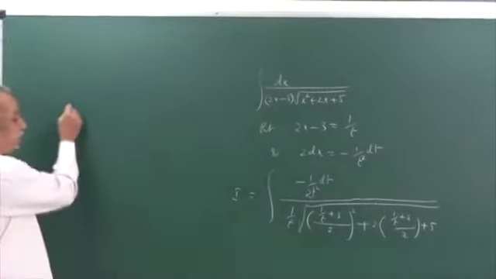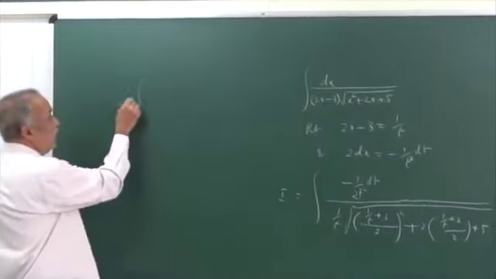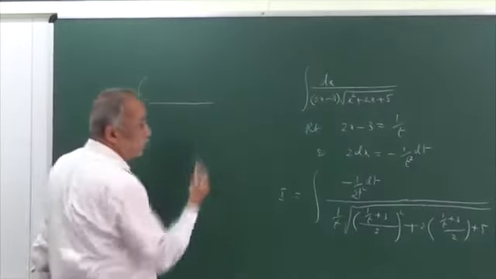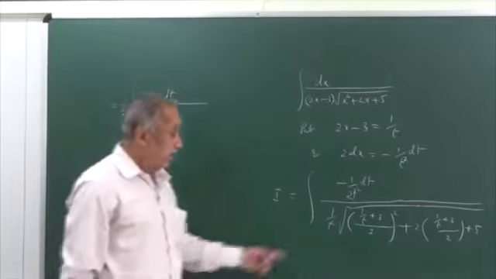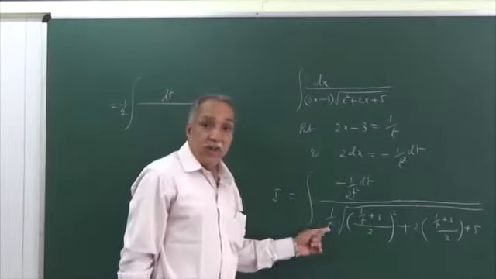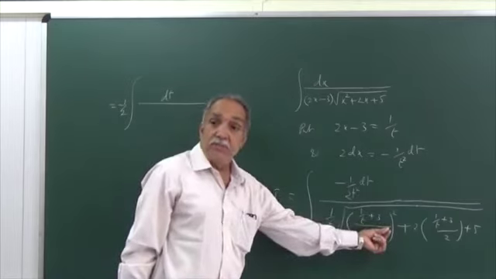On simplifying, let me write the constant factor in numerator outside, bring the t square from numerator to denominator, this t will cancel, 1 t will remain outside, I will shift it inside to become t square.